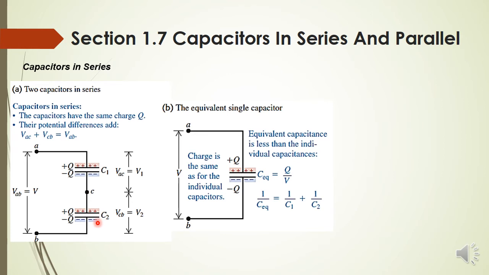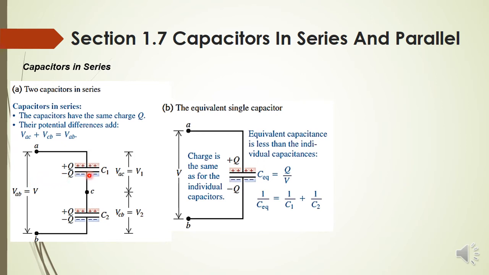When a constant positive potential difference VAB is applied here, the capacitors become charged. The figure shows that the charge on all conducting plates has the same magnitude.